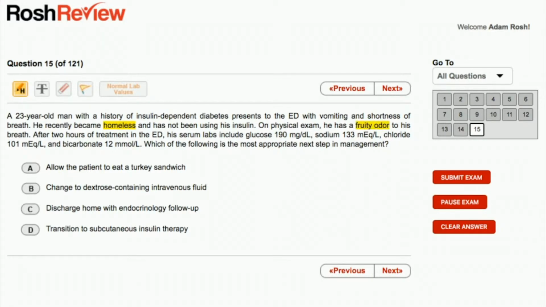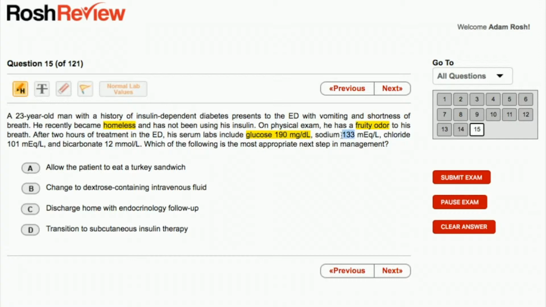Whenever I hear fruity odor, I think diabetic ketoacidosis, or DKA. Typically, that's from the acetone that is being exhaled from the ketosis. So we have ketosis and we have hyperglycemia. So we have the D, we have the K, and the A is going to be implied because what we have here is an anion gap, which will be caused by the metabolic acidosis.